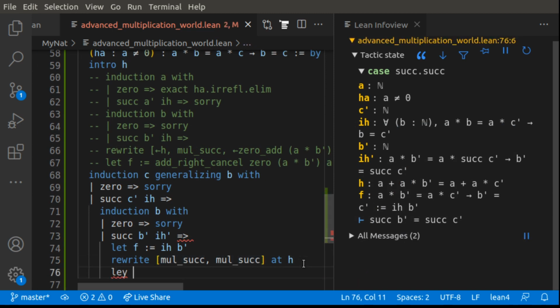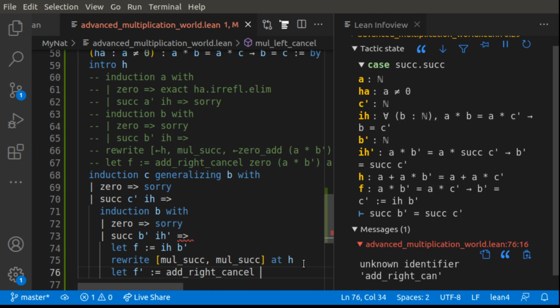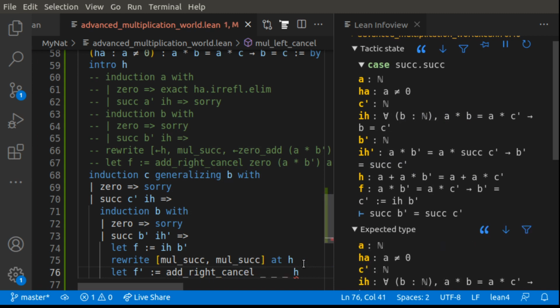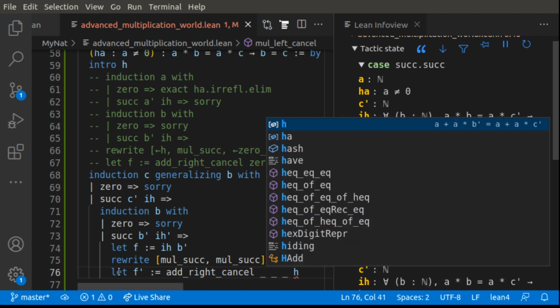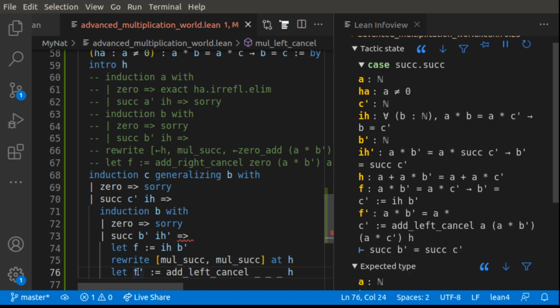Okay, let F prime equals add right cancel 1, 2, 3 H. Okay, what should this be? This should be add left cancel. Not right cancel. Add left cancel. Okay. F prime. Nice.